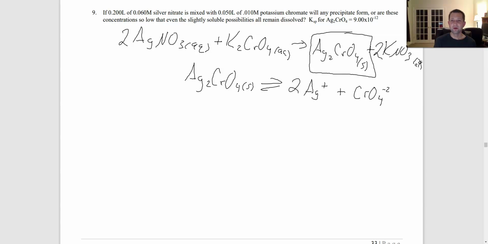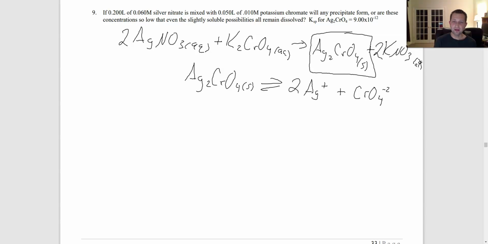The KSP for silver chromate is 9 times 10 to the -12. Look at these values up here, and we can do something with them to figure out if we're at equilibrium or not. And if we are not at equilibrium, which way will it shift? To the left or to the right?